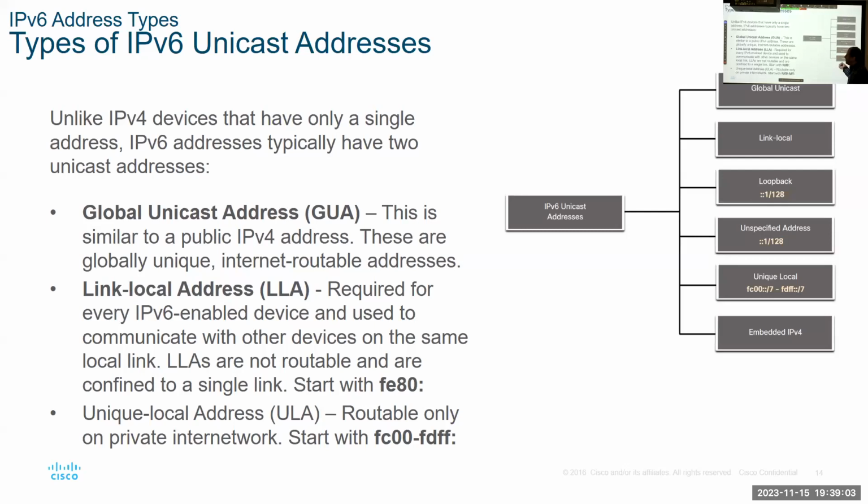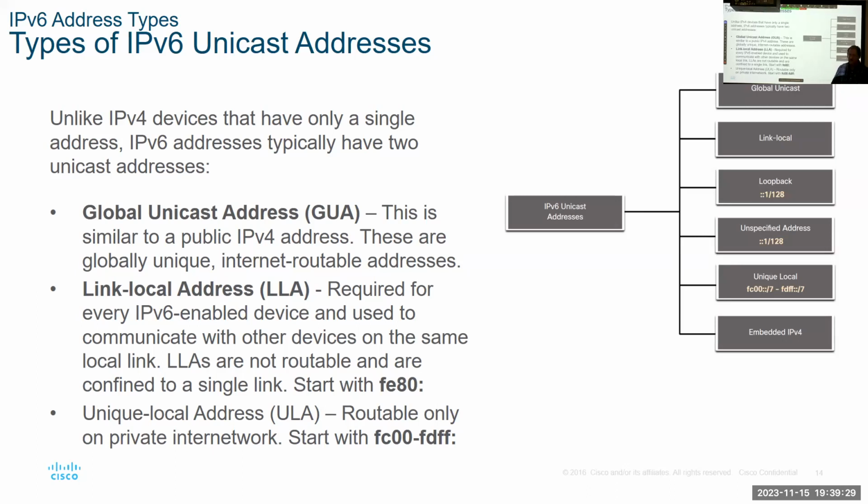Windows started with that so that you could start up a computer, and even though there was no DHCP server, it could still communicate with other devices in the LAN because it auto-configured an APIPA address.